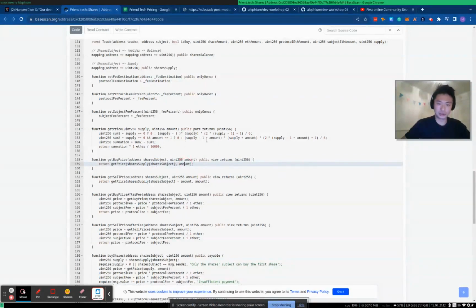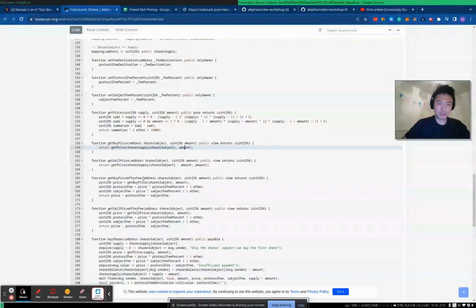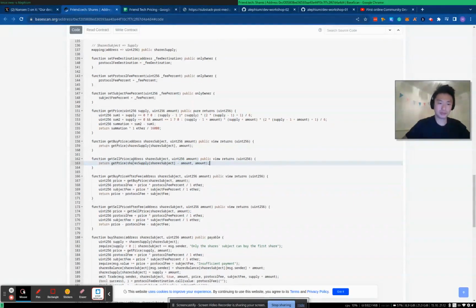Use this function to calculate the total price. And getSellPrice does pretty much the same thing, except that it subtracts the amount that you want to sell, because after you sell the shares, the total number of outstanding shares will be reduced by this amount. That's pretty much the same thing.